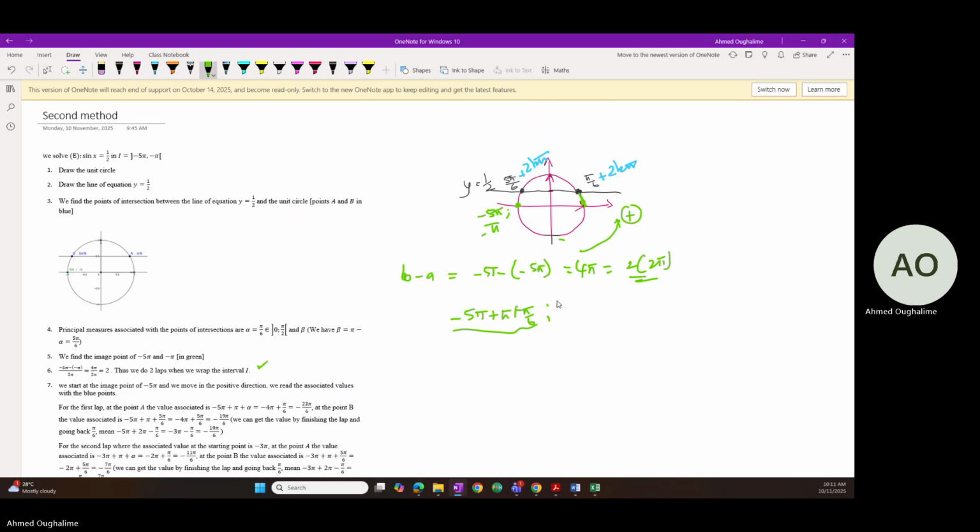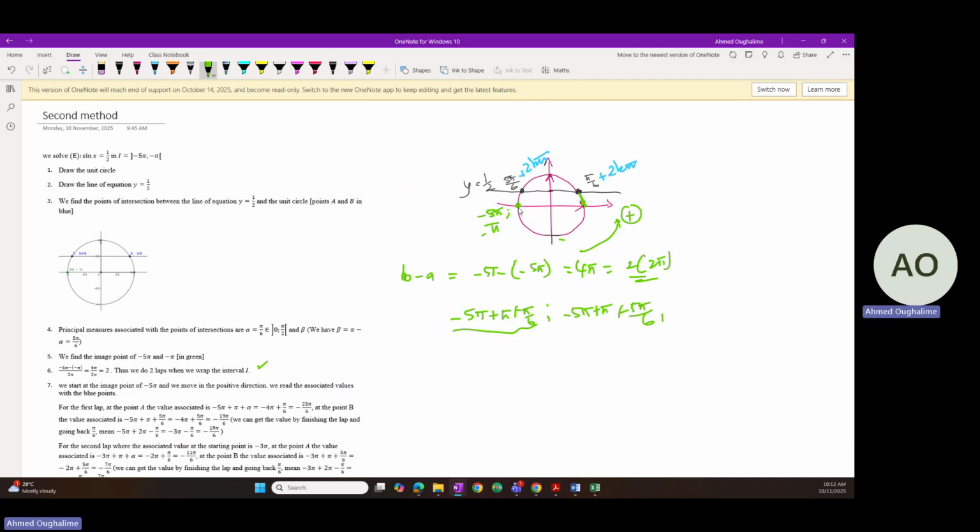Then I carry on. Remember, this is negative 4 pi plus 5 pi over 6. This is my second value. Then I keep going, so I reach my point. I have done 1 lap. I carry on.